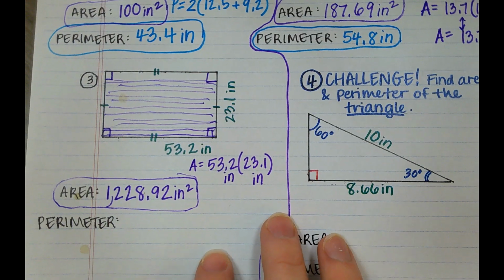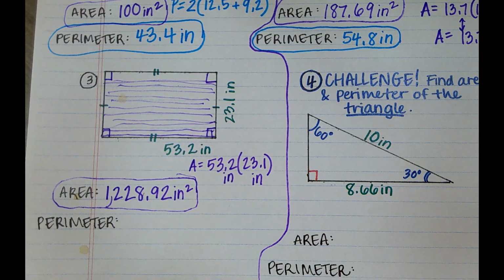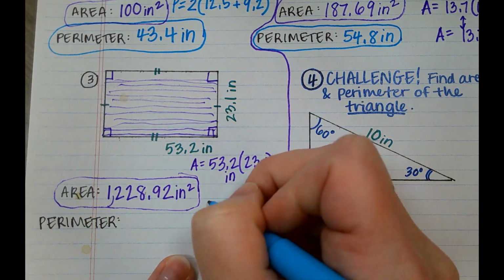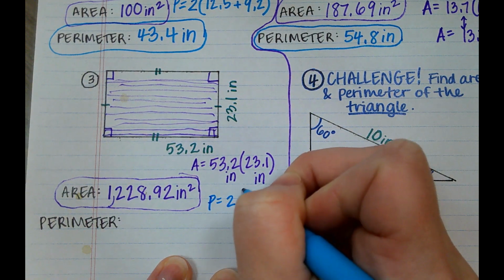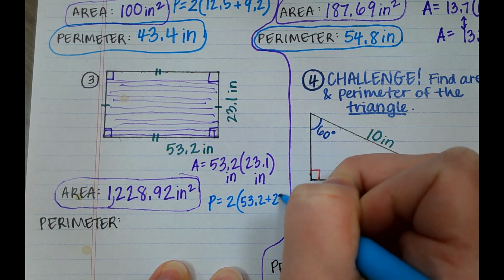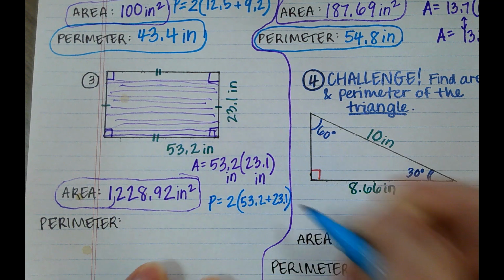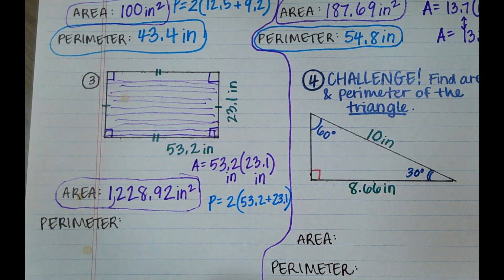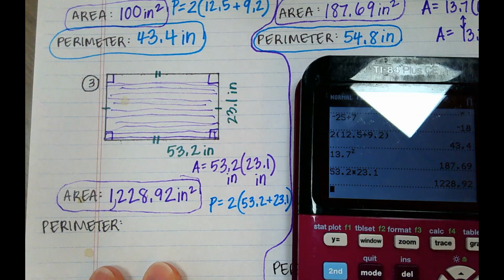Okay. Perimeter. What are we thinking? That we got 2 times 53.2 plus 23.1. Yes, that's right. 152.6.